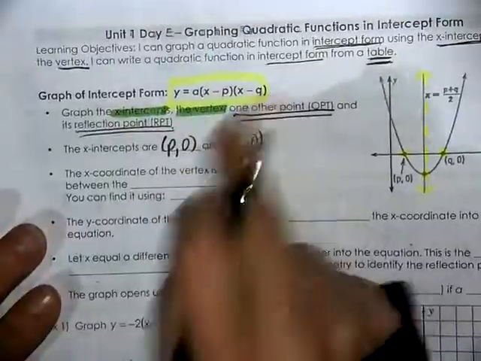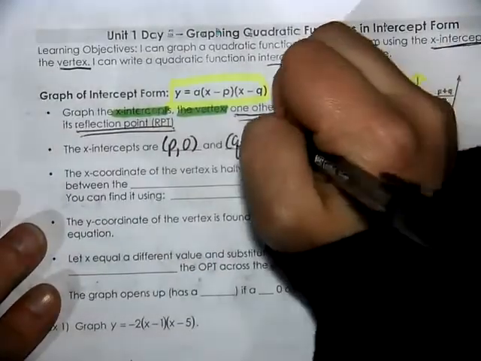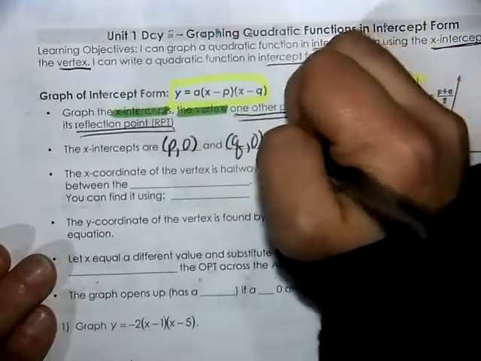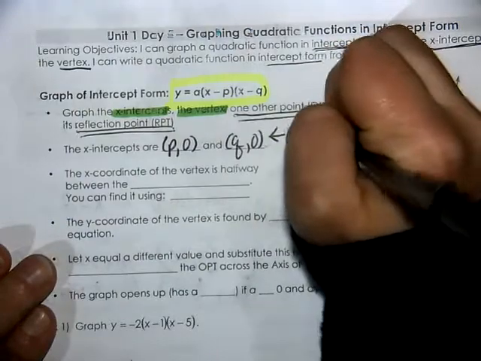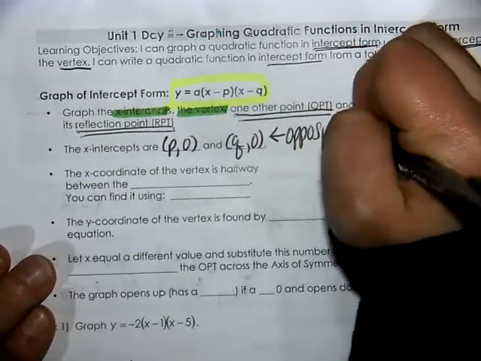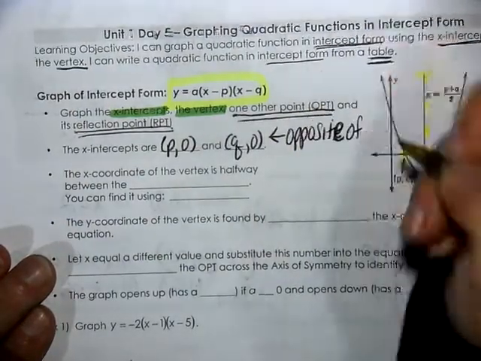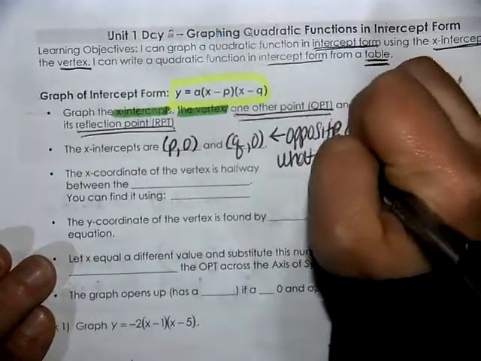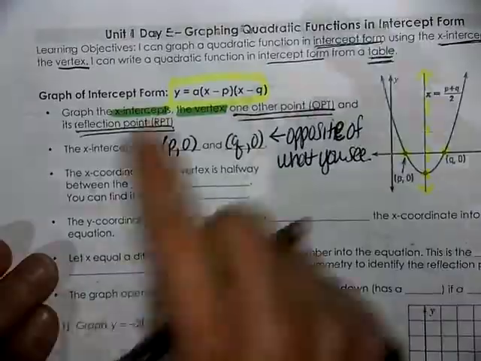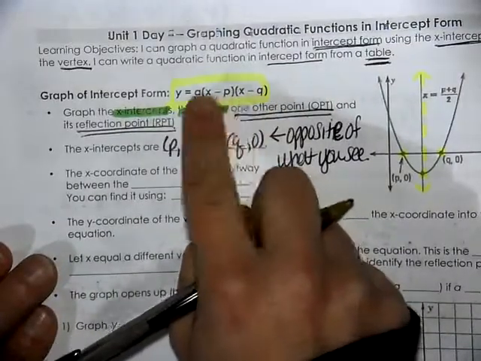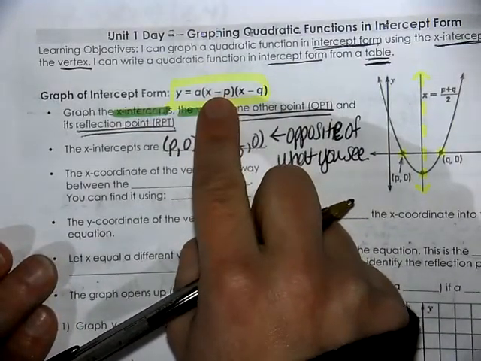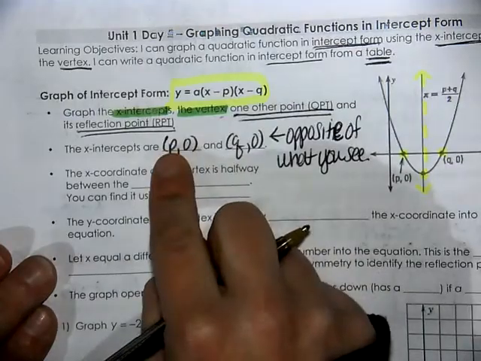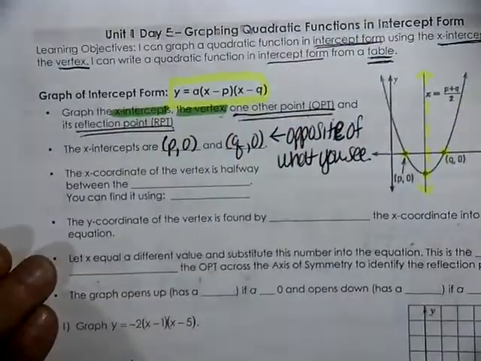They are inside of parentheses, so they are the opposite of what you see. So if you have an x plus p, you'll have a negative p, 0 in your x-intercepts.